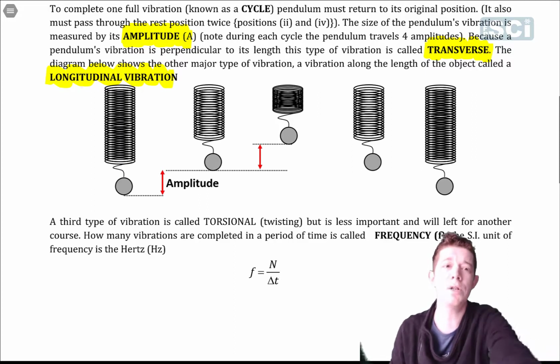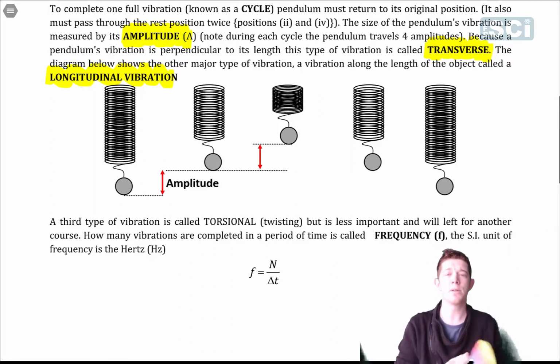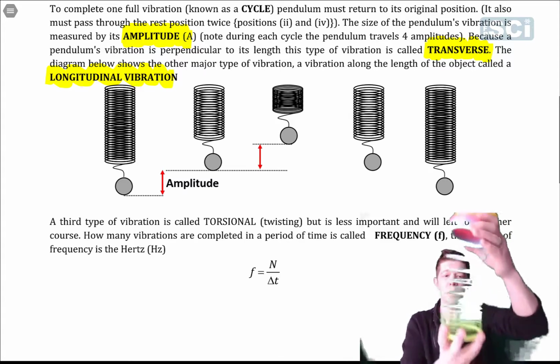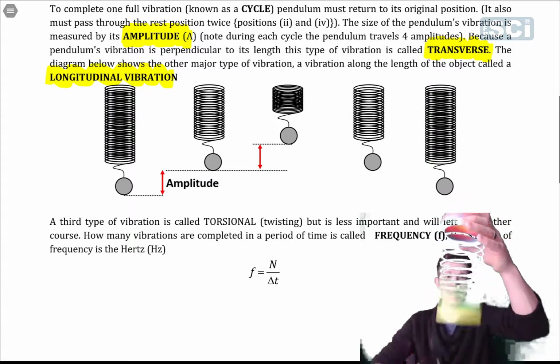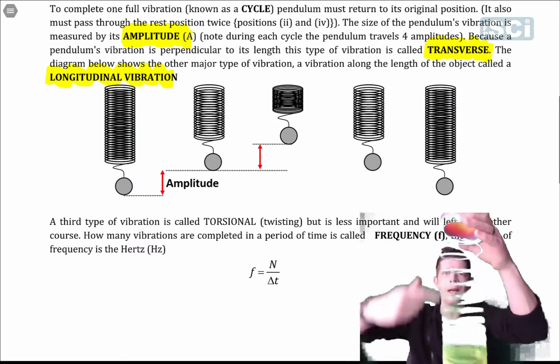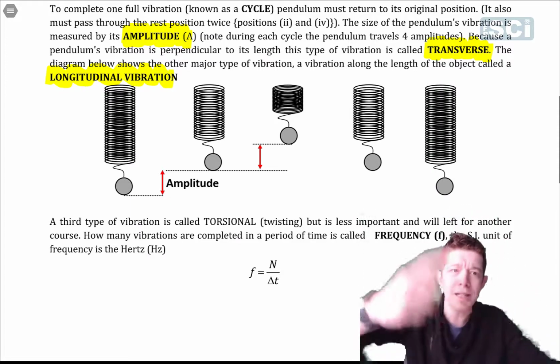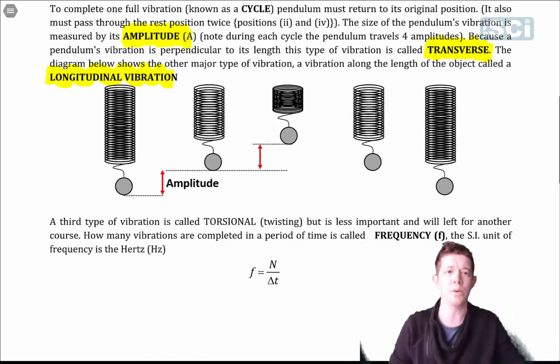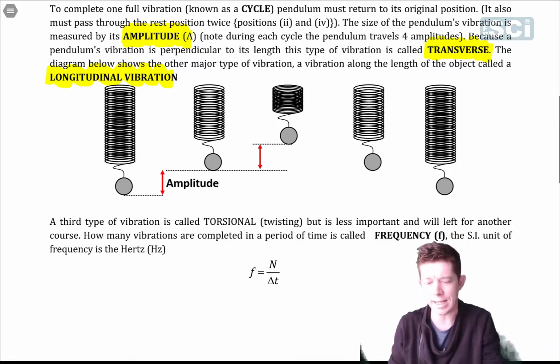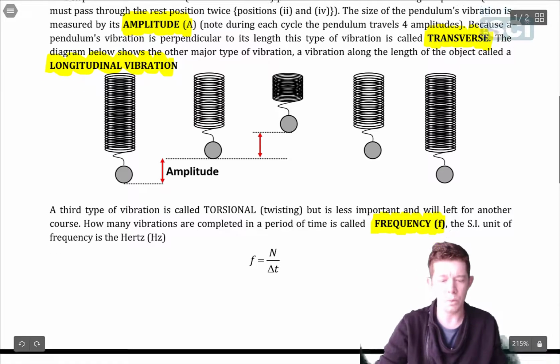So with each of these types of motions, we have a certain amount of time or how many oscillations or how many cycles it goes through in a period of time. So the number of oscillations or number of cycles that the wave undergoes in a certain period of time is what we define as its frequency. And so we have an equation for it.